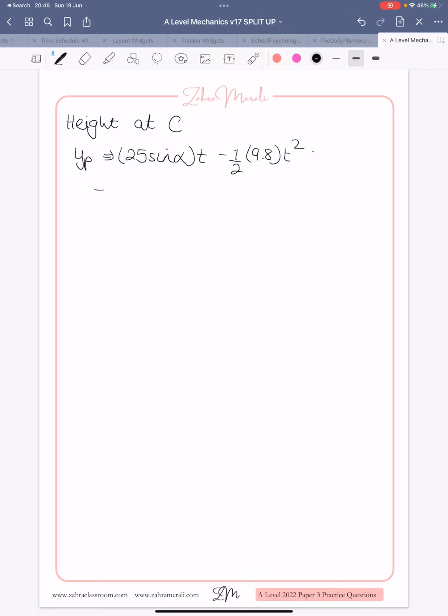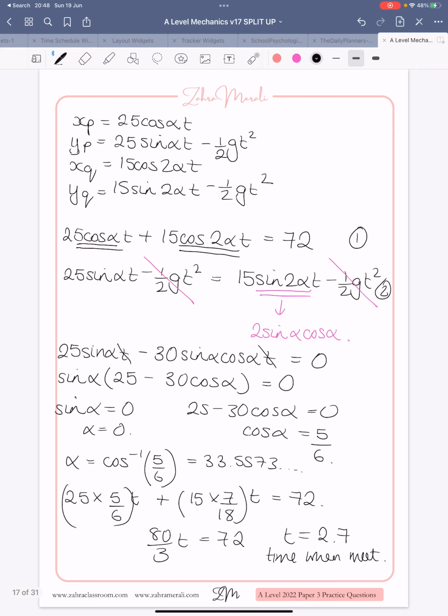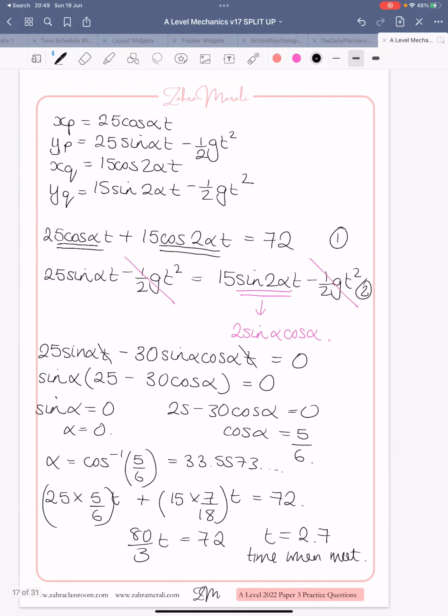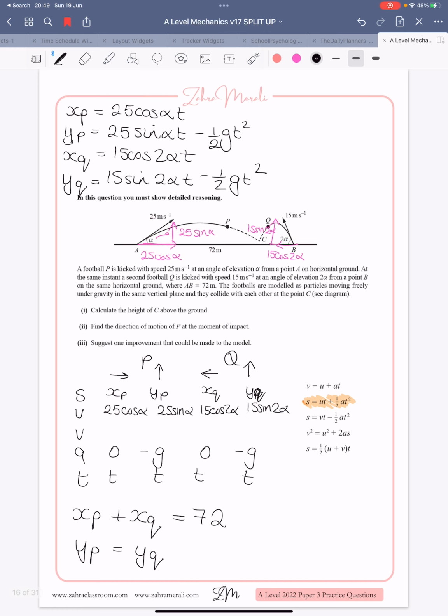And we substitute in what we know. So we worked out alpha was 33.6, t is 2.7, and when I work that out, I get 1.59 meters. So we've answered the height of C above the ground.